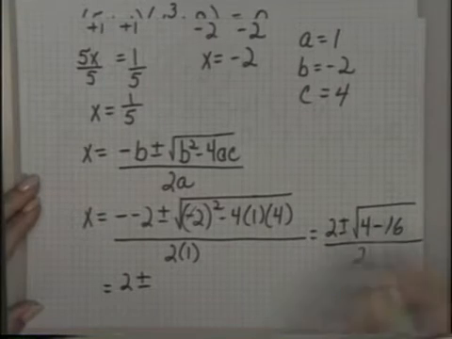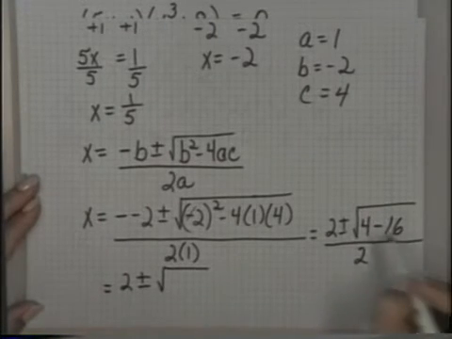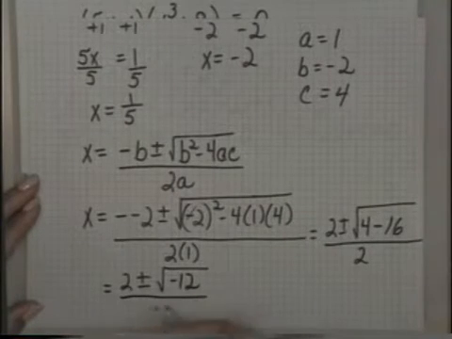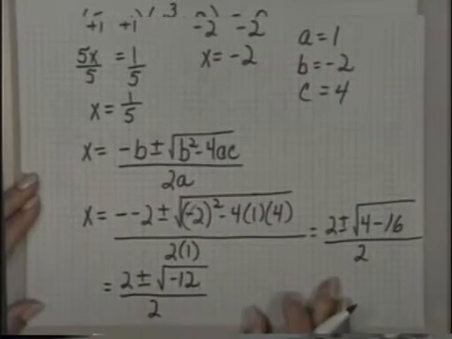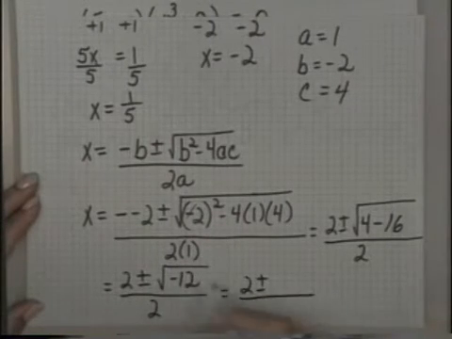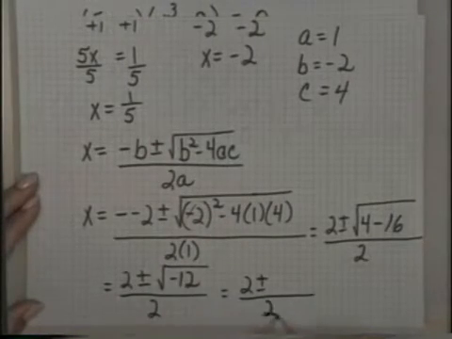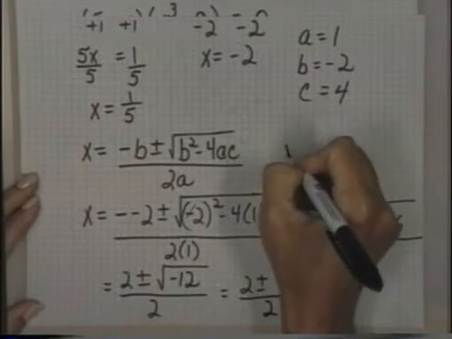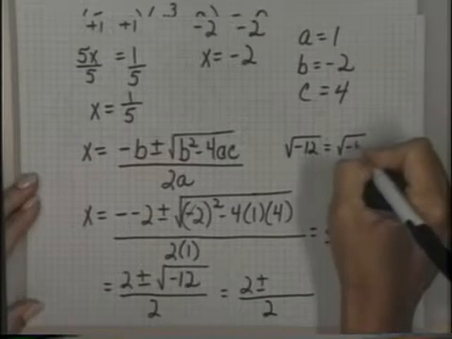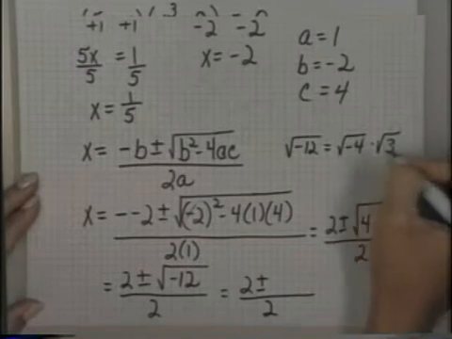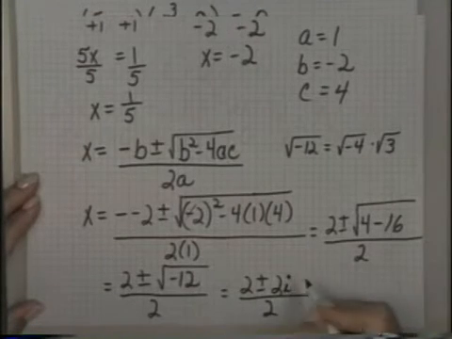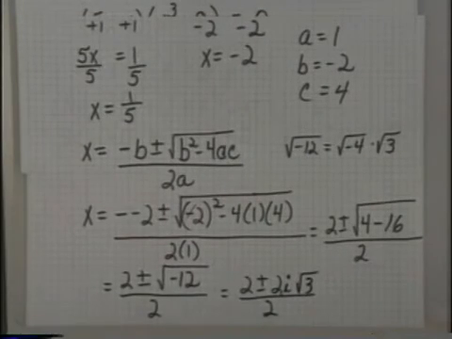Now we combine these numbers before we simplify our radical. 4 subtract 16 is negative 12, all over 2. Let's simplify the square root of negative 12. We'll think that the square root of negative 12 equals the square root of negative 4 times the square root of 3. The square root of negative 4 we know is 2i, and the square root of 3 is irrational.